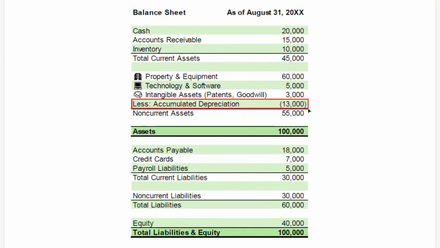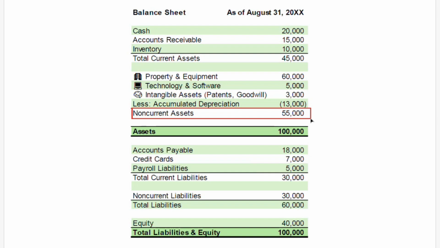Amortization is basically the exact same thing as depreciation, but they are applied to different types of assets. That's really the only difference between depreciation and amortization, okay? And the addition of all of those items brings us to total non-current assets. So not too terribly complicated. So that's where we are.